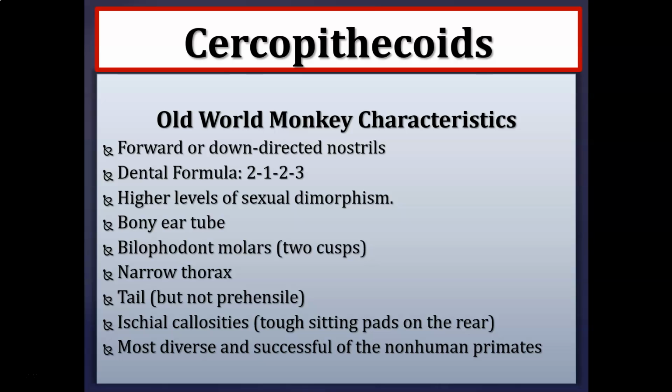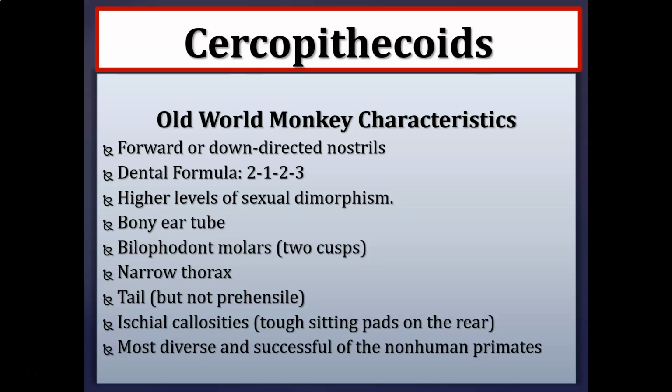They do have a feature called the bony ear tube. Their molars are bilophodont. So bi means 2, dont means teeth. So if you're looking at their molars, the 3 teeth that are in the back of their mouth, their molars are bilophodont. Their thorax or mid-region is relatively narrow.